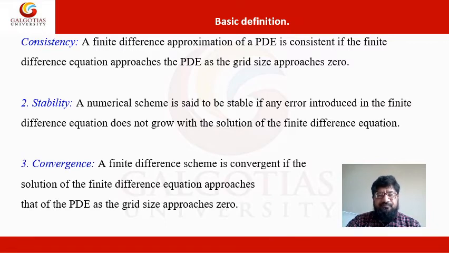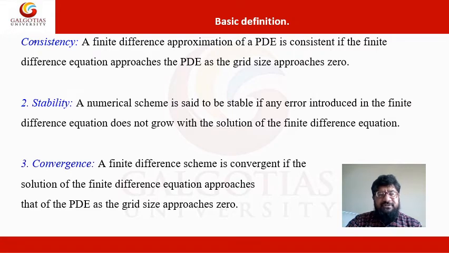Convergence. So what do we mean by convergence? The solution of an algebraic equivalent of a PDE can be solved, but are we getting the right solution? We can get a solution, but it must be the right solution, meaning it must approach the true solution.